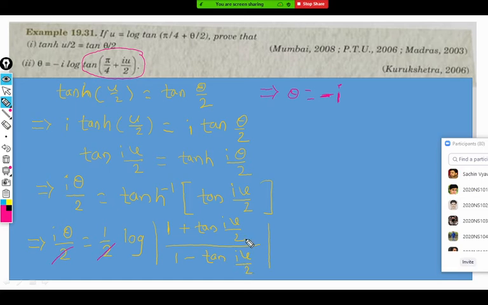The next step you will write that theta equal to minus i log of tan of pi by 4 plus iθ by two. This is the best part: in hyperbolic, the answer is always with you. You can easily correlate whatever you are getting to the required answer, and that we want only.